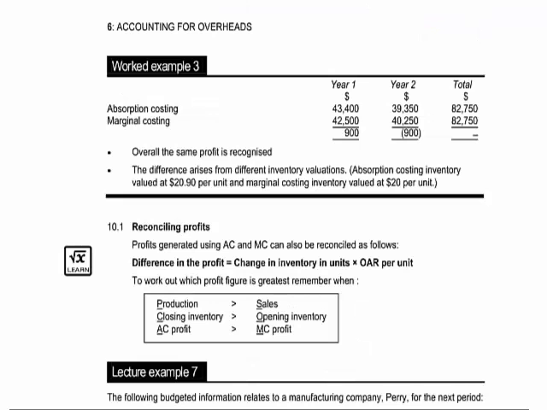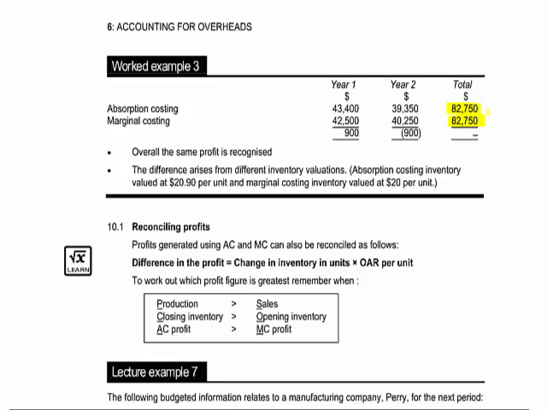In worked example 3, if we take the profits for each of the 2 years under absorption costing and marginal costing, we can see that the total profits are the same. However, the split between year 1 and year 2 is different. And the reason for the difference is because of the value of closing inventory.